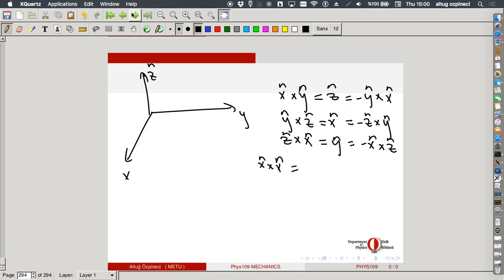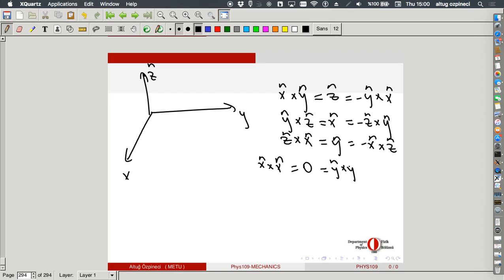So if you have a vector, take the cross product with itself, the angle between the two is 0. Sine of 0 is 0. So cross product comes with a sine.